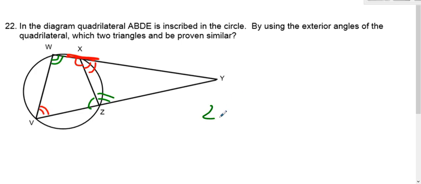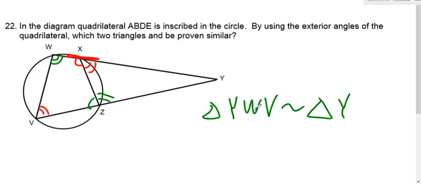Let's name it triangle YWV. And when you're naming triangles, you have to name them in corresponding order. So if we started with Y in the first one, we have to start with Y in the smaller triangle.